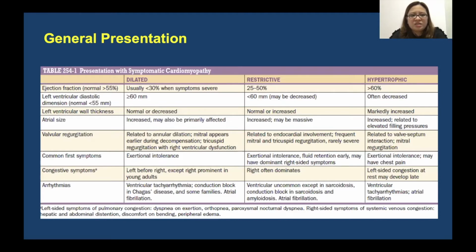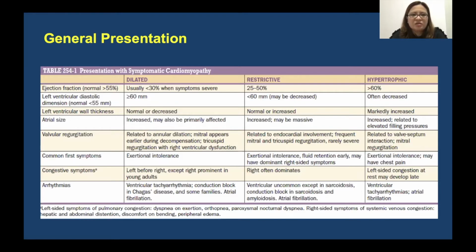So for congestive symptoms, usually for dilated, left-sided heart failure occurs first. So it is more prominent to see pulmonary congestion than peripheral edema in dilated cardiomyopathy. But there is an exception.